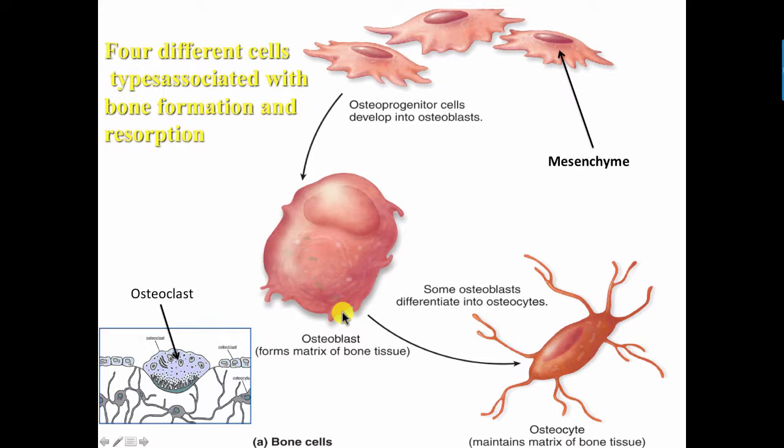As these osteoblasts secrete the precursor of bone, osteoid, which is transformed into mineralized bone, they get trapped in it and they become osteocytes, which have an important role in maintaining the matrix of bone tissue. And the 4th type of cell is the osteoclast, which is the bone resorbing cell, the bone dissolving cell, which functions under various conditions of bone remodeling or calcium need, which we'll look at a bit later.